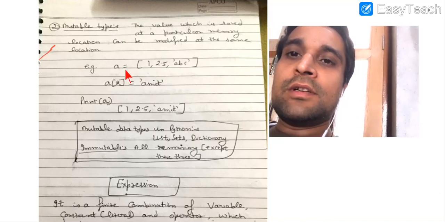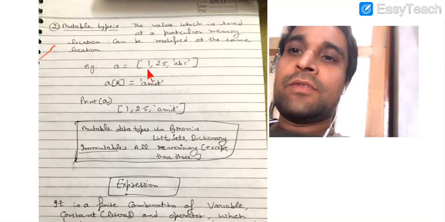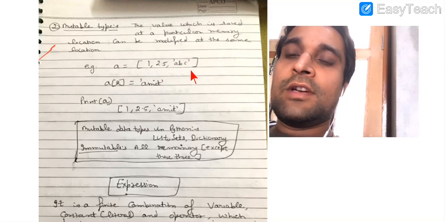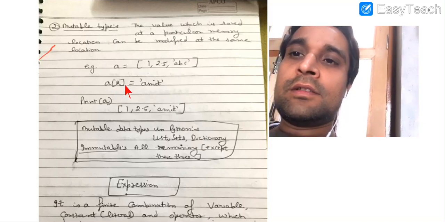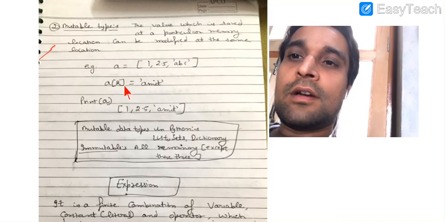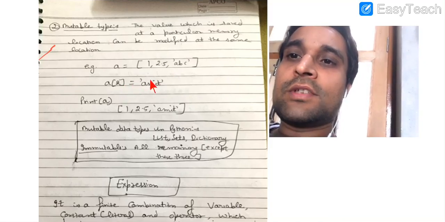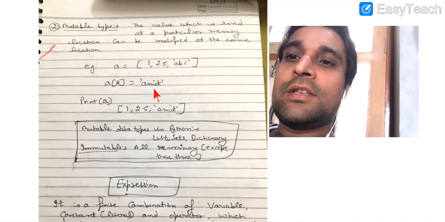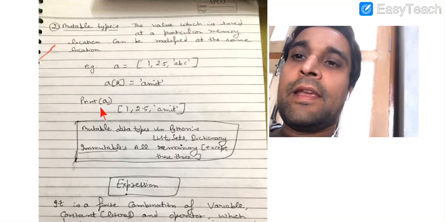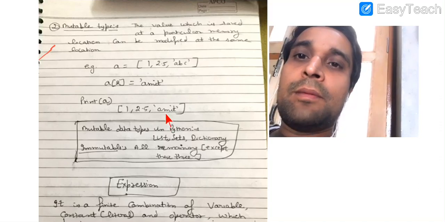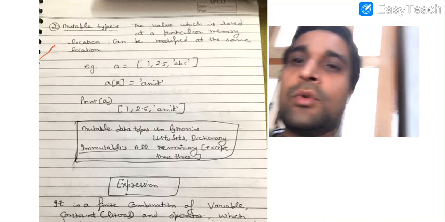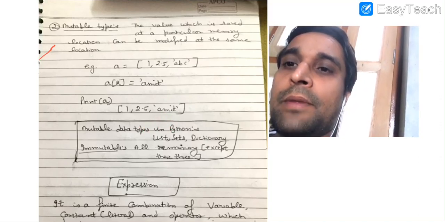It means a is a list which has three elements: one of type int, one of type float and one of type string. a[2] means at the third element we want to assign the value 'AMIT' instead of 'abc'. So when you check a again, it will print 'AMIT' instead of 'abc'. So list is a mutable data type available in Python.